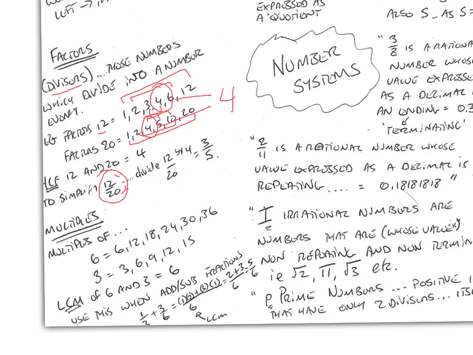So if we divide 12 by 4, which is the highest common factor, and 20 by 4, we get 3/5. So the fraction 12 over 20 reduced to its simplest form, or equivalent fraction, is 3/5, and we derive this by dividing the numerator and the denominator by the highest common factor of 12 and 20.